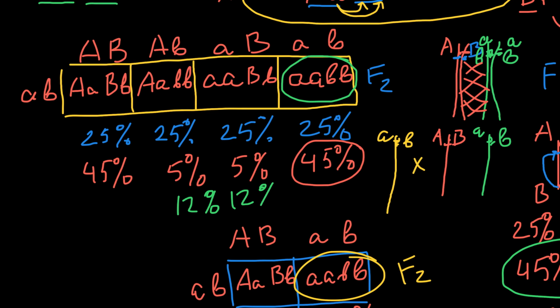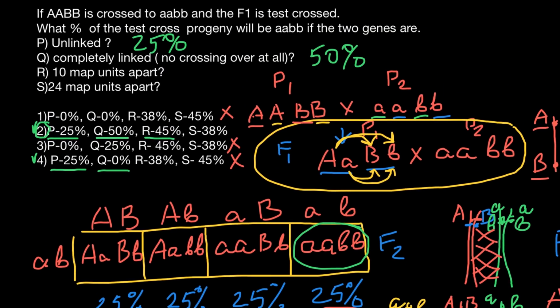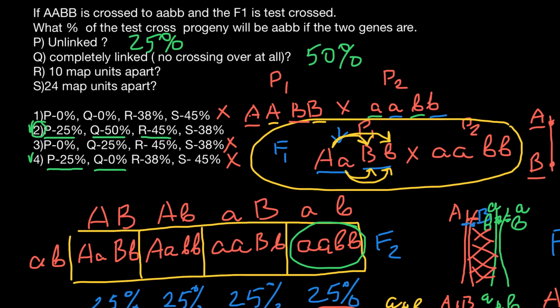Together it's going to be 24%, and this one would be 38%, and this one is going to be 38%. And again, this is the genotype frequency which we are looking for. And again, we see this number here, 38%.